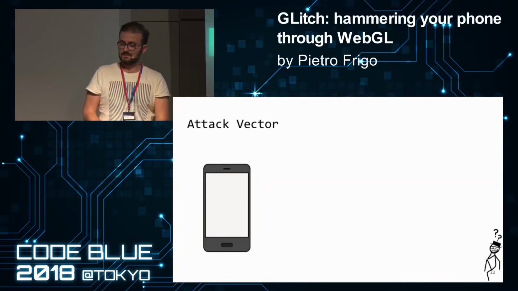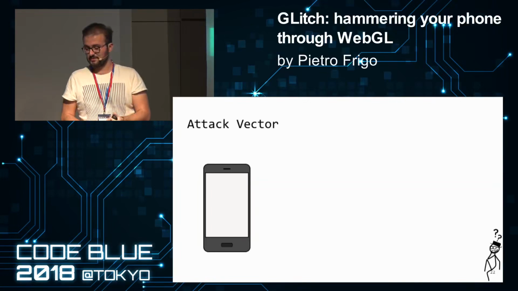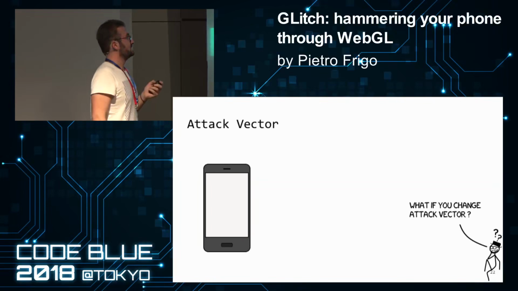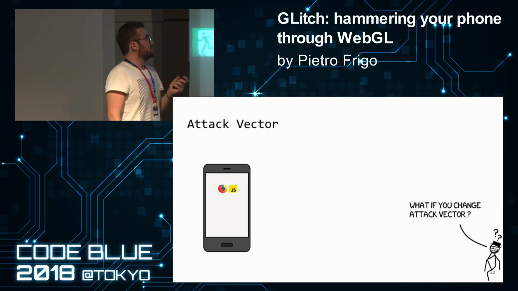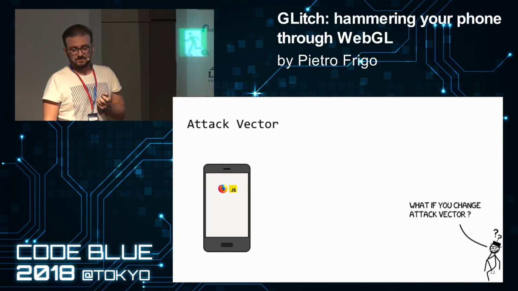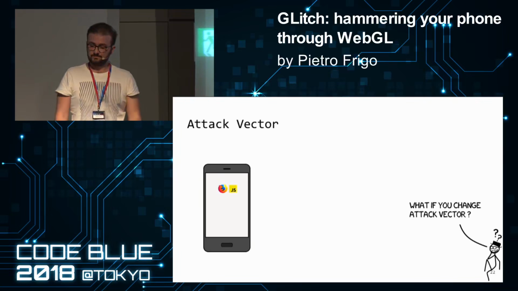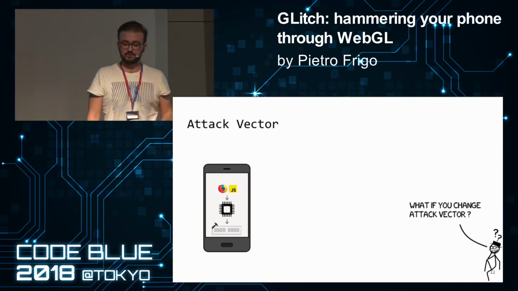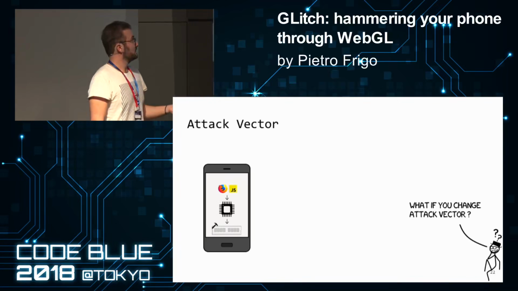And then I started thinking a bit, and I thought, well, what if we change the attack vector? And what do we mean by that? Basically, when you consider this kind of attack, you have your JavaScript code running in the browser, which then runs on the CPU, and then use it to trigger the bit flips on DRAM.